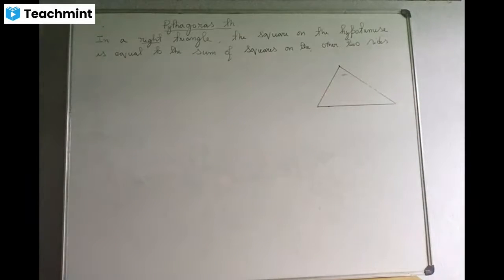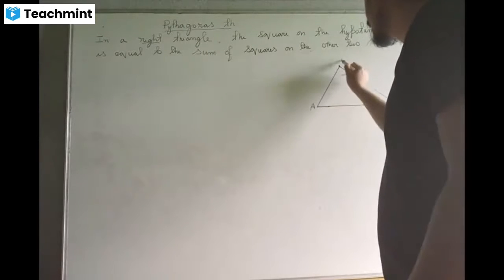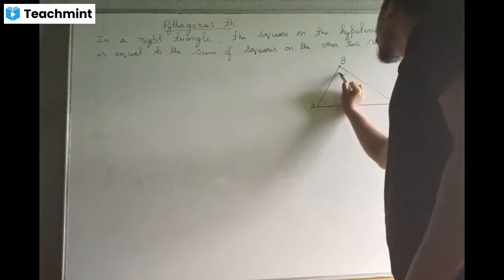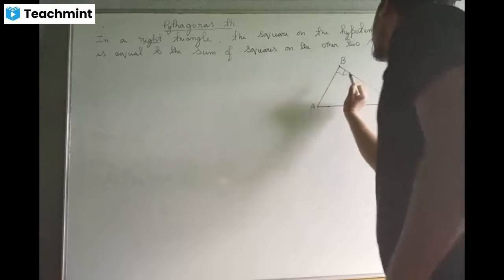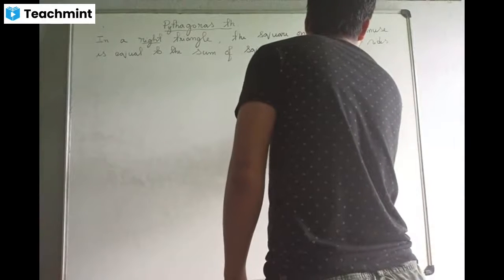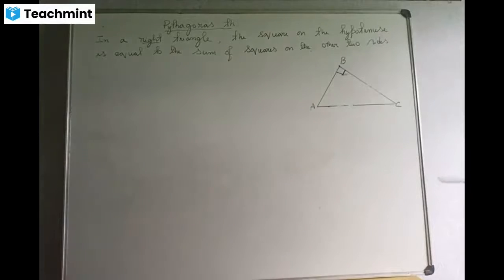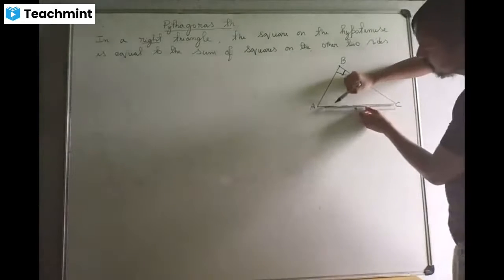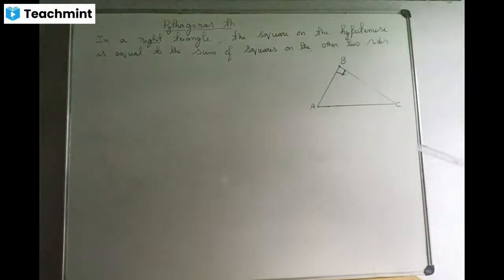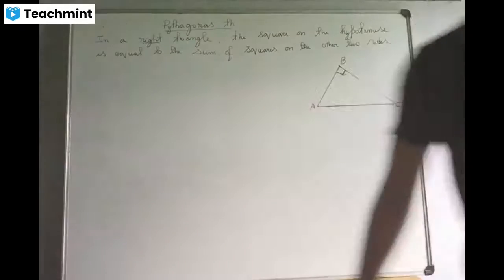This is how I have drawn. So this is a right triangle ABC, in which angle B is 90 degrees.